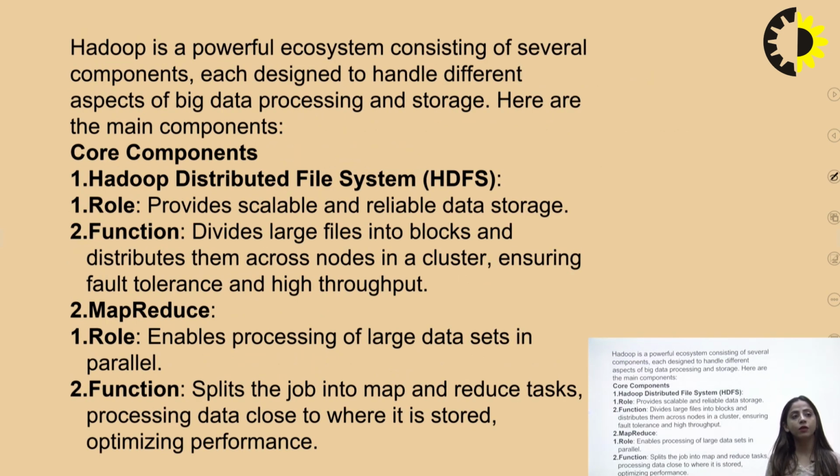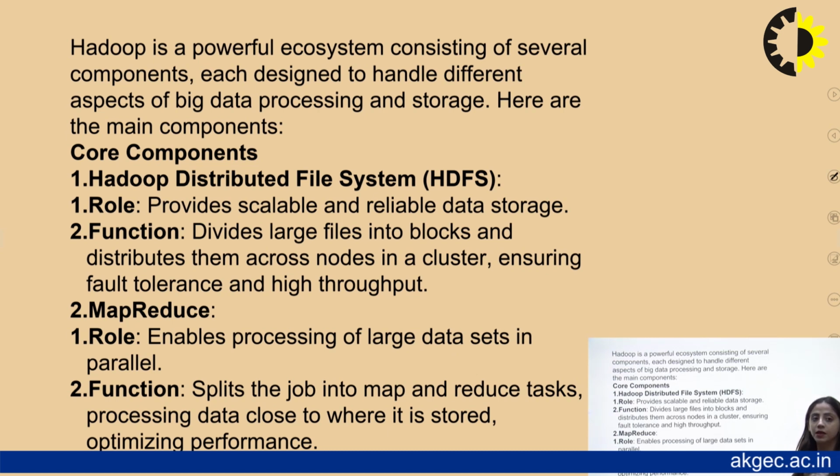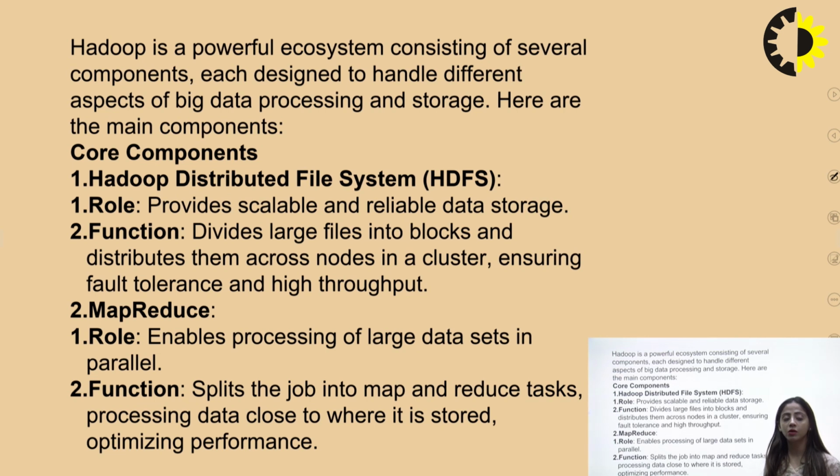Hadoop is a powerful ecosystem consisting of several components, each designed to handle different aspects of big data processing and storage. Here are the main components. Core components of Hadoop are Hadoop Distributed File System. The role of HDFS is to divide large files into blocks and distribute them across nodes in a cluster, ensuring fault tolerance and high throughput.